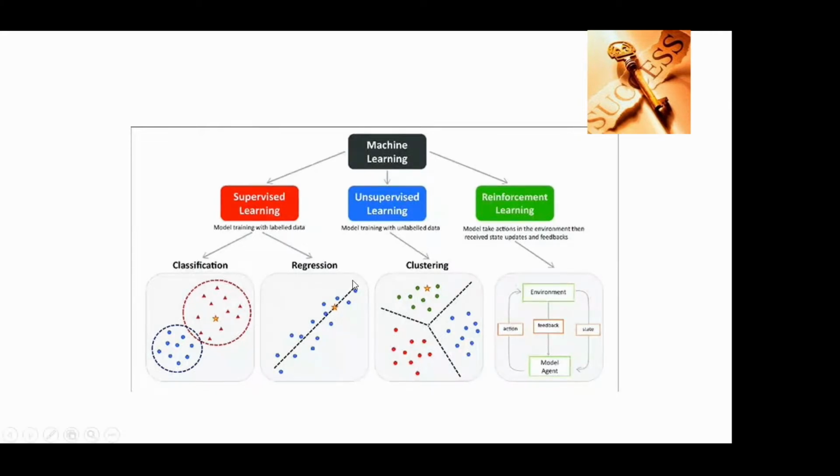The second is unsupervised learning. In unsupervised learning we have mixed data with different kinds of ranges. Then we make clusters. Suppose the first cluster, these green data items, belongs to the range 0 to 50.